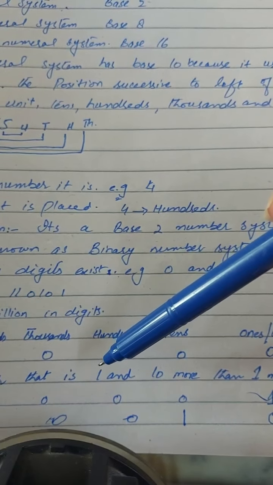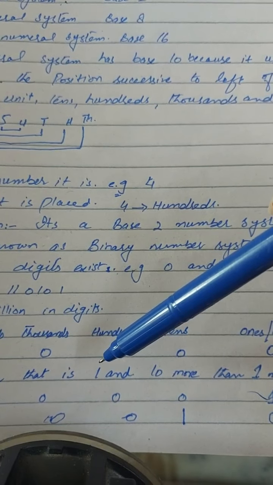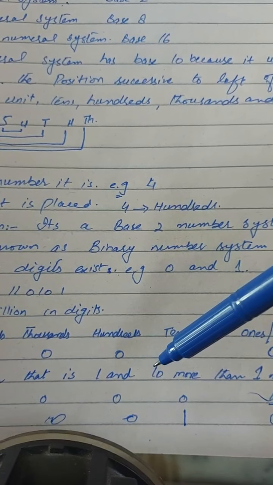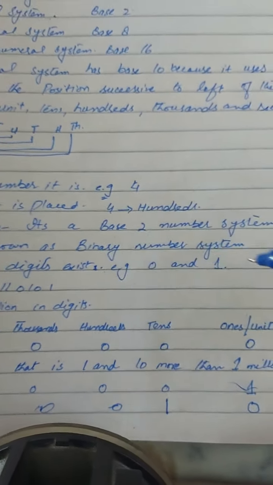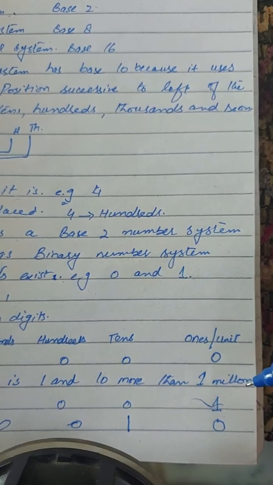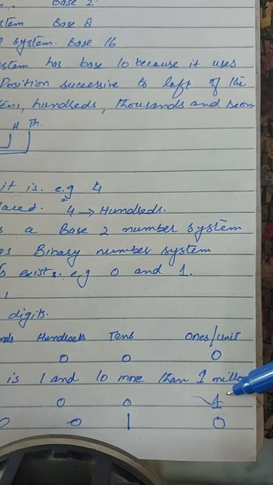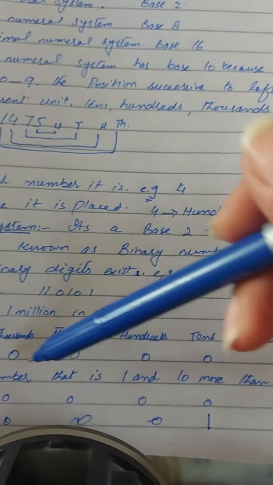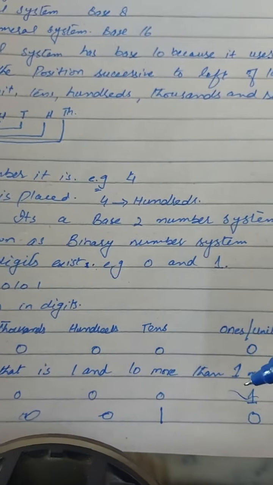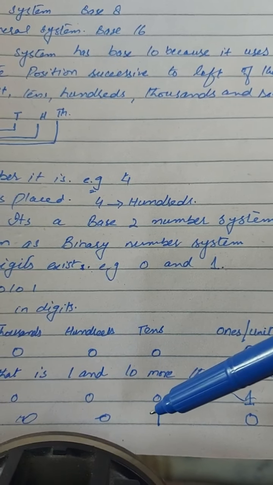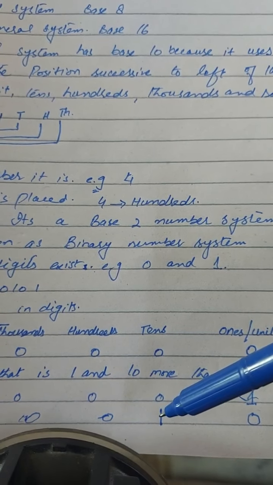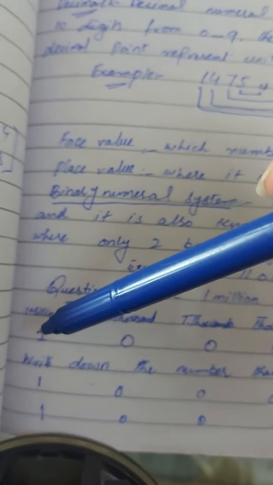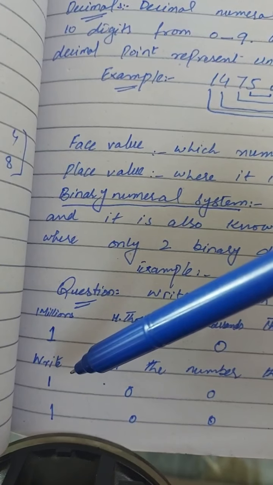You will simply change the value of ones and tens, right? And the rest of the digits will be the same. In the case of 1 more than 1 million, you will write 1 only here. In the same way, if you have 10 more than 1 million, then you will change the tens place, and the 1 million will stay as it is at its place.